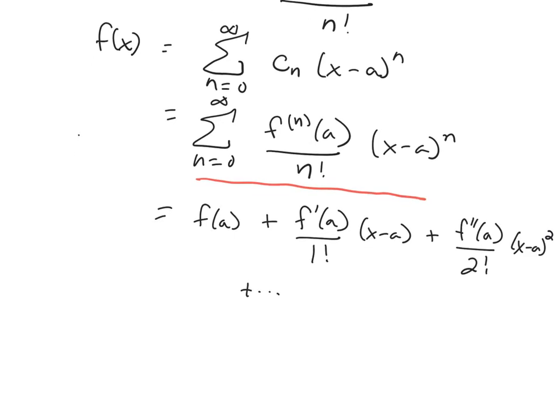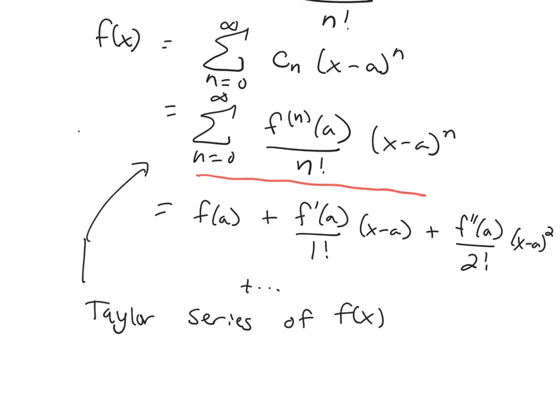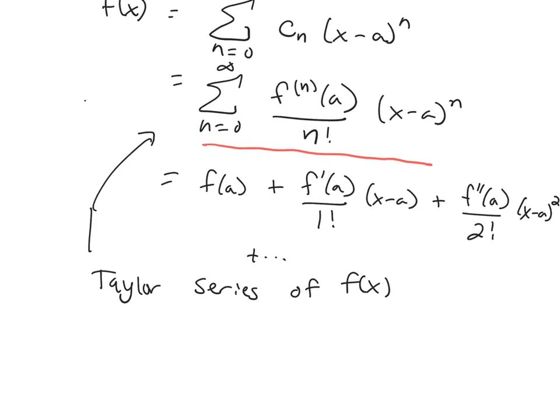And this is what we call a Taylor series. This up here is called a Taylor series of your function f of x centered at a, or centered at a, either one.